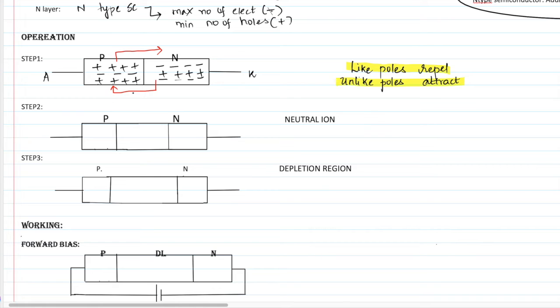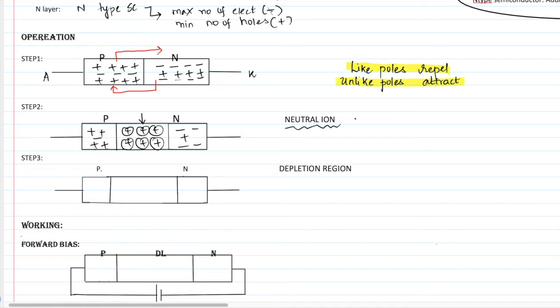So what happens when these opposite poles are attracting towards each other, they will form a neutral ion at the junction. So I am mentioning neutral ion in this way. Again similarly here, p type has maximum number of holes and minimum number of electrons. So here electrons and holes are getting recombined and they are forming the neutral ion.